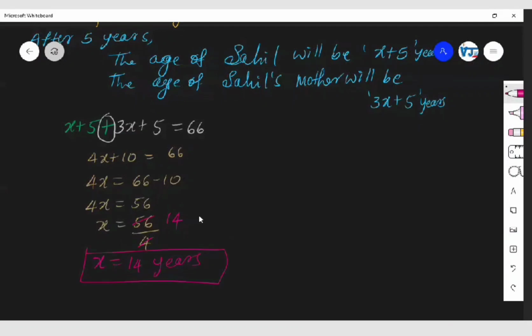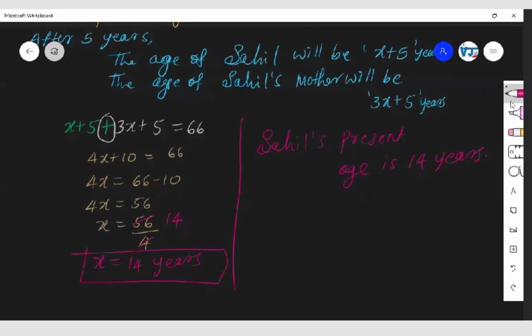That means who is this x? Sahil. Yes, the present age of Sahil is 14 years. Then what about his mother's age? 14 multiplied by 3.